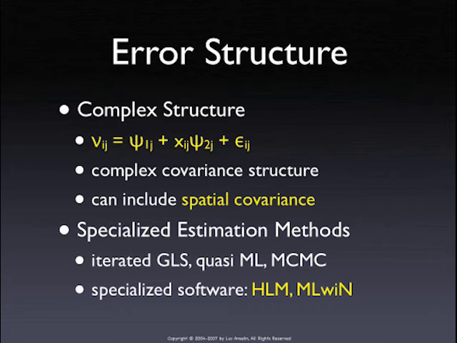So again, no spatial lag. So if we're interested in substantive interaction processes in a cross-sectional situation, there is no, or not yet, a way to deal with that in these contexts.